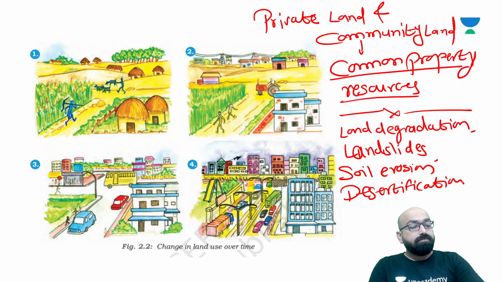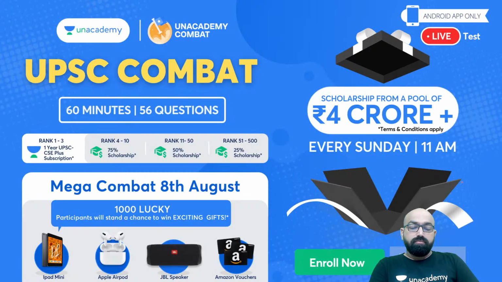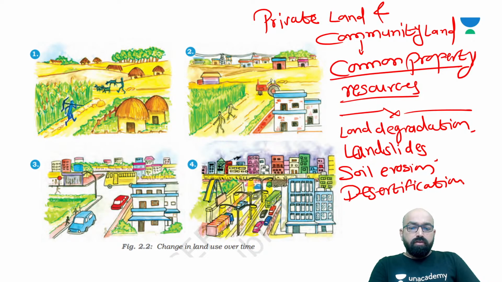So friends, growing population and ever growing demands have led to large scale destruction of forest cover and arable land, and have created a fear of losing this natural resource.